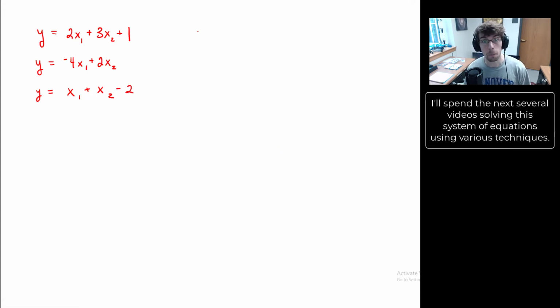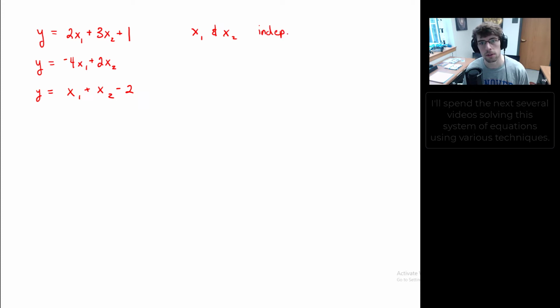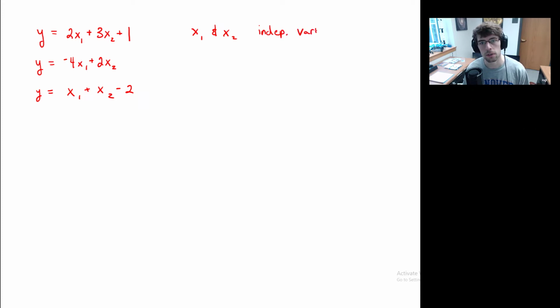Okay. Now, please keep in mind, x1 and x2, these just represent independent variables. And y is the dependent variable. Just to remind you.